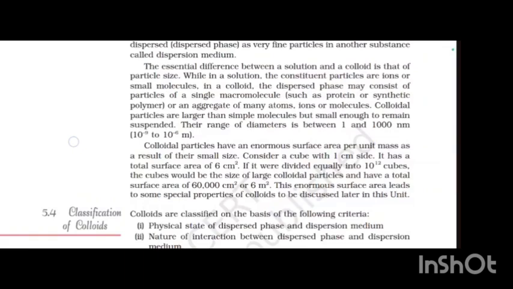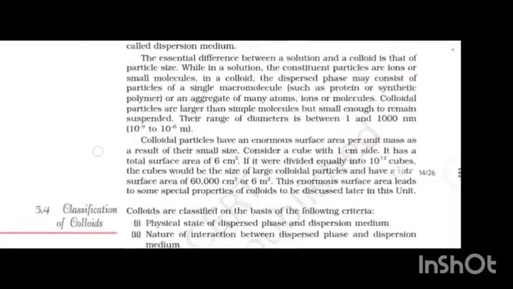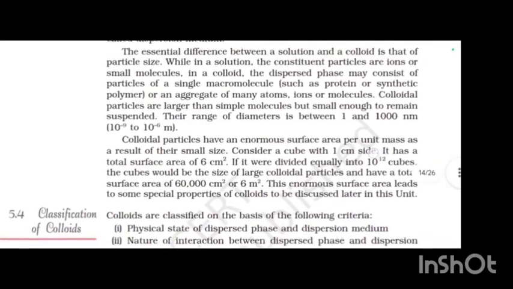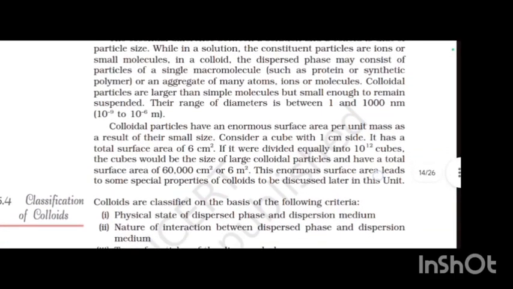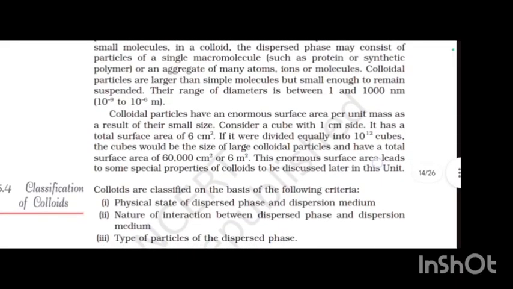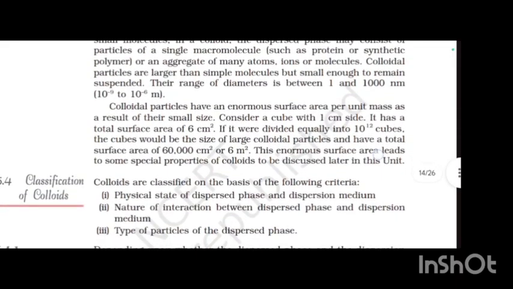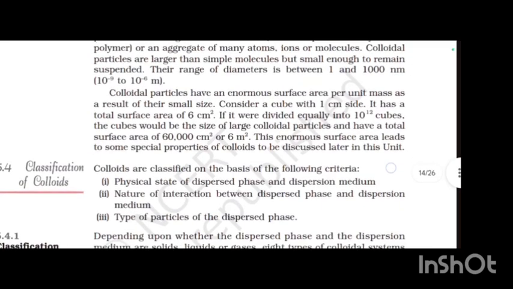The essential difference between a solution and a colloid is that of particle size. While in a solution the constituent particles are ions or small molecules, in a colloid the dispersed phase may consist of particles of a single macromolecule such as protein or synthetic polymer, or an aggregate of many atoms, ions or molecules.